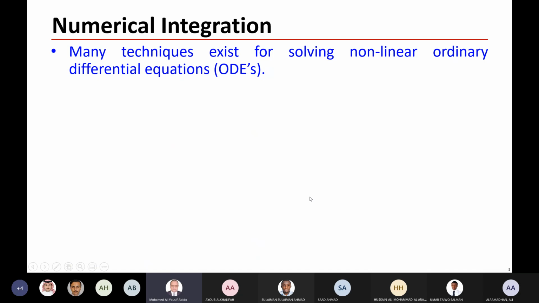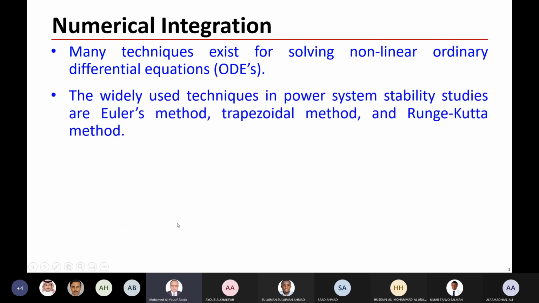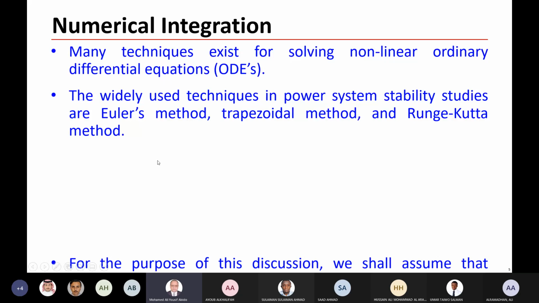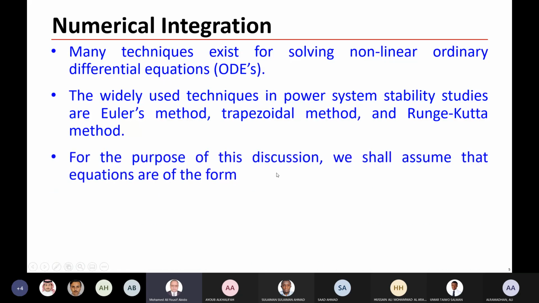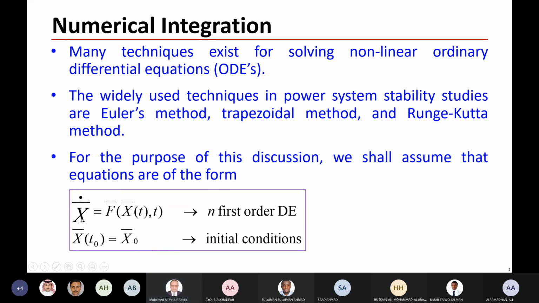Many techniques exist for solving nonlinear ordinary differential equations. As we mentioned, Euler, modified Euler, trapezoidal, and others, Runge-Kutta method also. For the purpose of this discussion, we shall assume that equations are of the form x dot equal to f of x, and the initial condition x0 is given here, where x is n-dimensional.